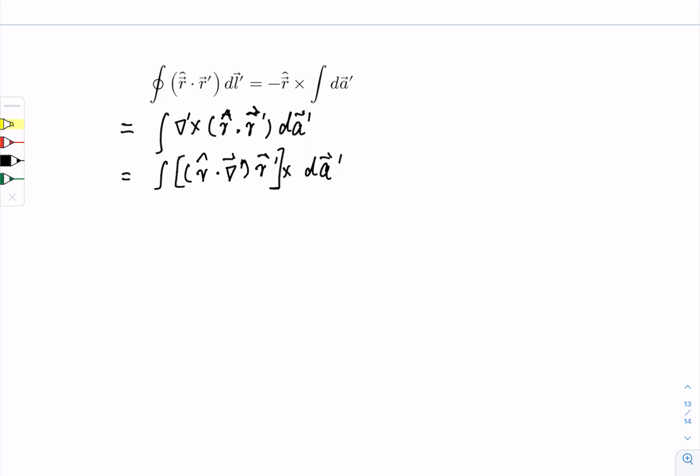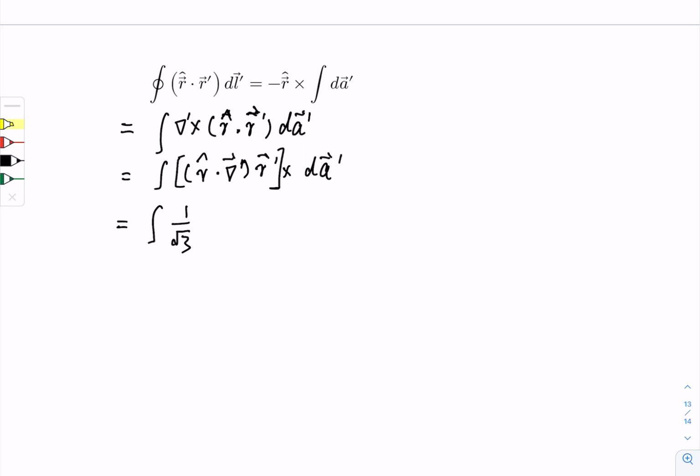And now we can write out explicitly the expression here. This expression is actually not intuitive, because here there is a del operator, but the del operator is only applying to the right.